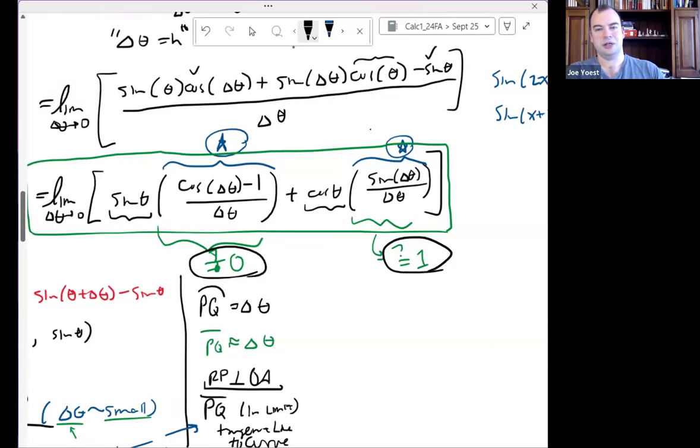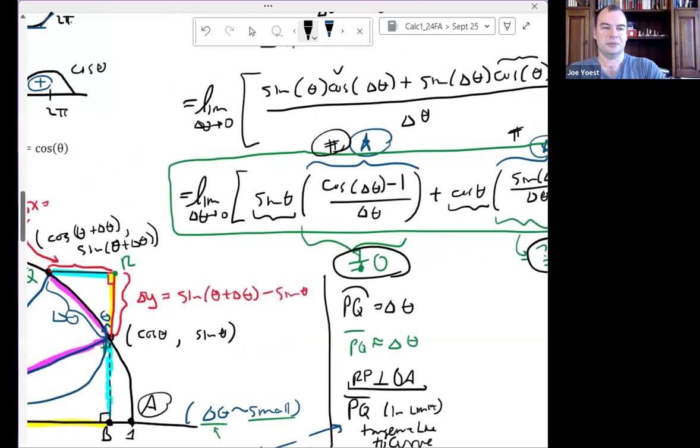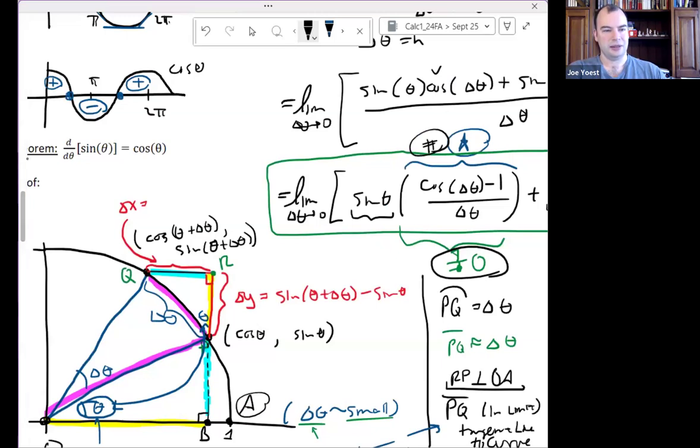This is going to turn out to be a number irrelevant of what theta is, as is this one. Since these two limits, sine delta theta over delta theta and cos delta theta minus 1 over delta theta, don't depend on theta at all. And this has to hold for all theta.